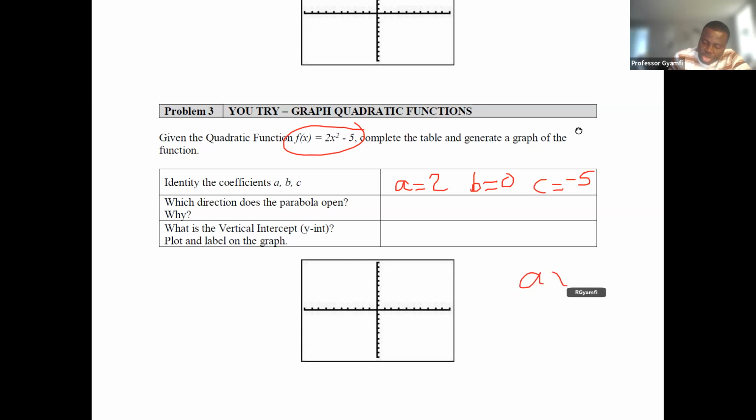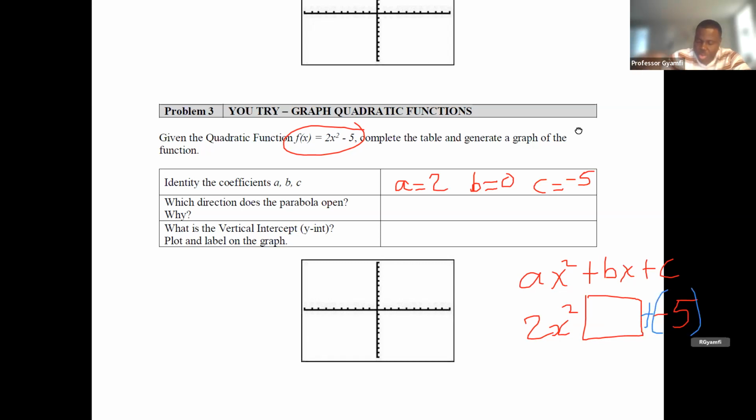Why? Because we are looking at ax squared plus bx plus c. And I have 2x squared. Now I don't have anything here, then I have a negative 5. So the negative 5 tells me that this should give me a plus negative 5. Now in the box here, I know that this is going to be 0x.